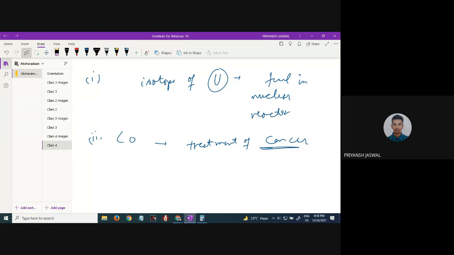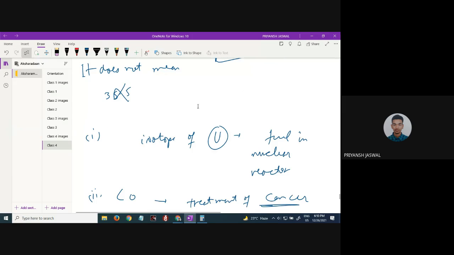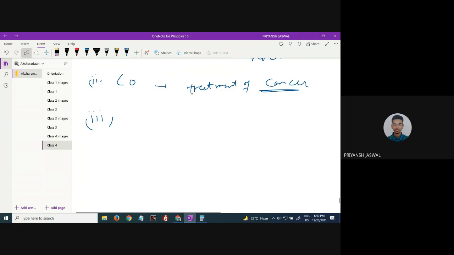This question can be asked in your exams also. Applications of isotopes, so you should remember it, maybe. It depends on you. Then there is an isotope of iodine, which is used for treatment of a medical condition called goiter.